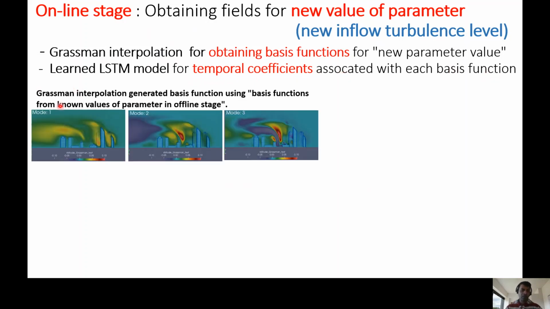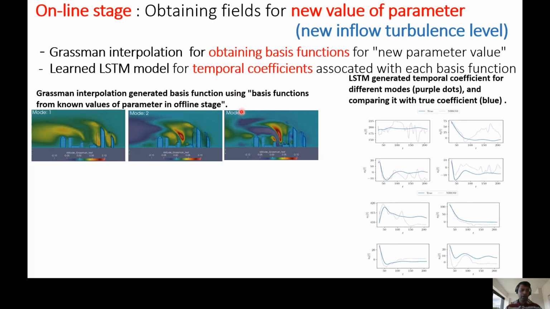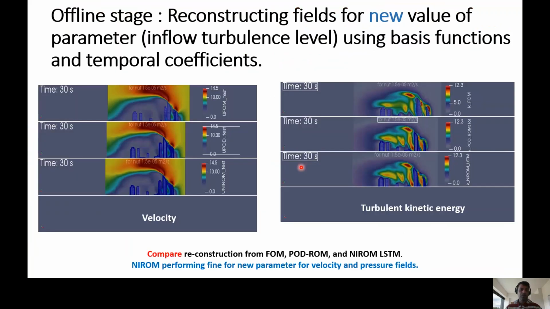So here we obtain the Grassmann interpolation generated basis functions, and here we obtain the temporal coefficients from the LSTM model. Once we have the basis functions and the temporal coefficients for the new values of parameter, we use them to reconstruct the field.